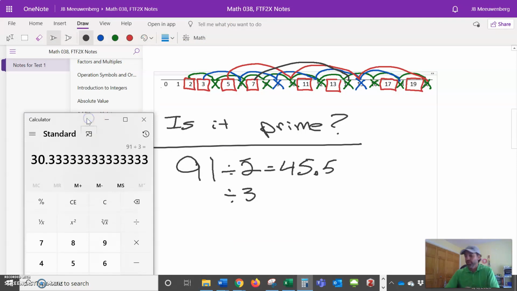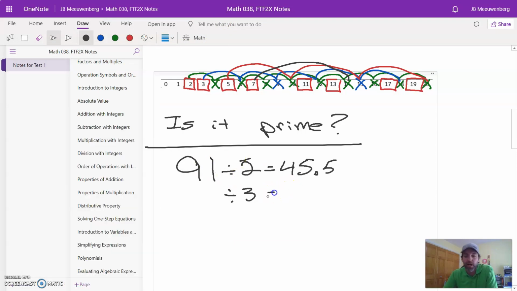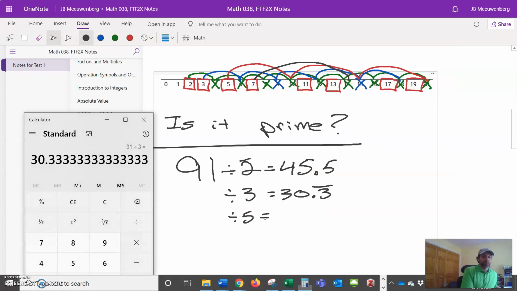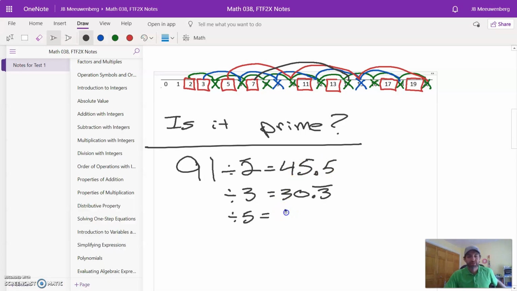It's 30.3, right? So it's 30.3, and that 3 is repeating, okay? So we just keep going through the prime numbers. 91 divided by 5, and that comes out to be another decimal, 18.2.